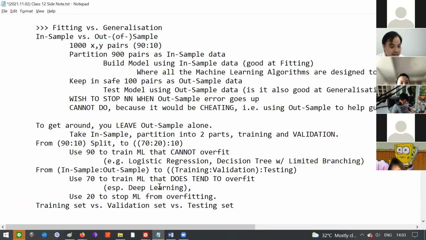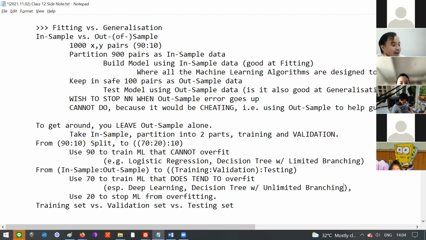Whereas in some algorithms, if you use Python or something, you use a decision tree with unlimited branching. If you have unlimited branching, you can actually go all the way to every single data point, literally.